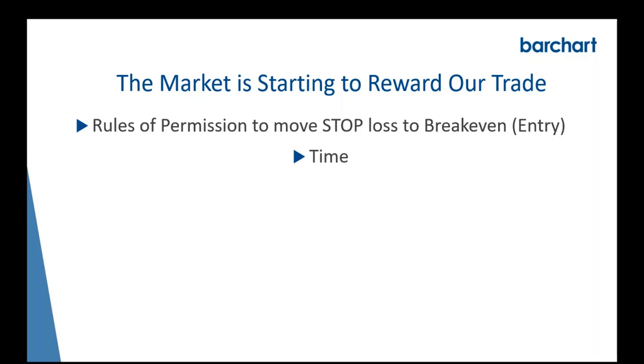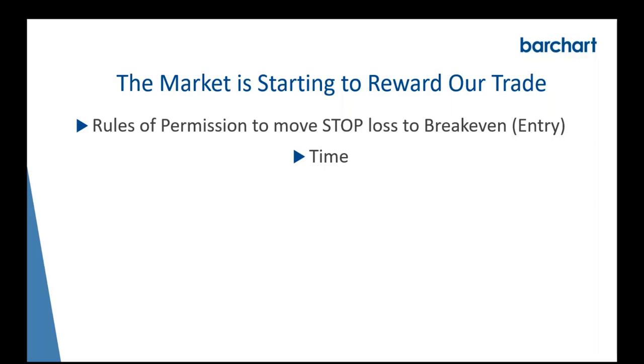Time, right? We're going to let a certain amount of time pass before we move our stop. We're not just going to wait for price to go outside of our zone, outside our entry, and we're up $100. Oh, I'm going to move my stop quickly to break even. No, we're going to wait a very particular amount of time, right?